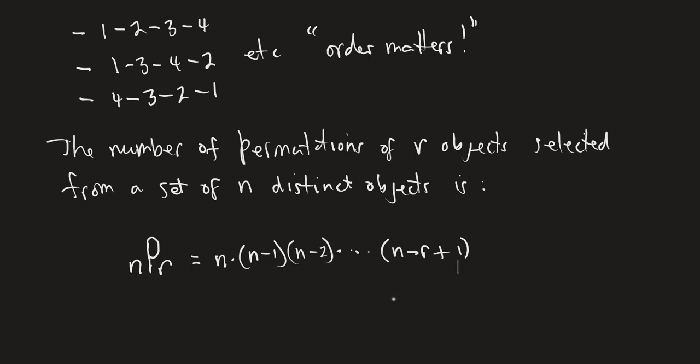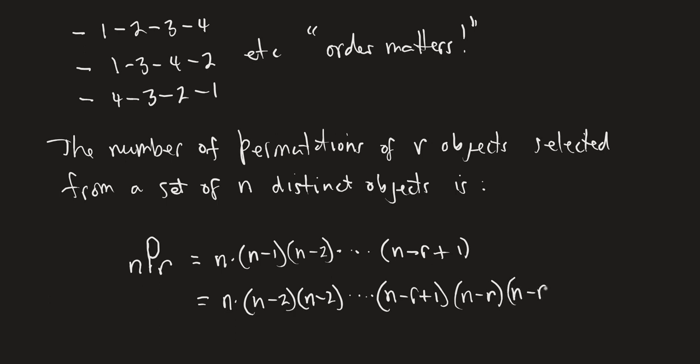But there's a way you can actually turn it into a factorial by doing this. Take this expression, the formula so far, and I'm going to continue subtracting 1. So I'm going to end up with n minus r, n minus r minus 1, then n minus r minus 2, all the way down to 1.